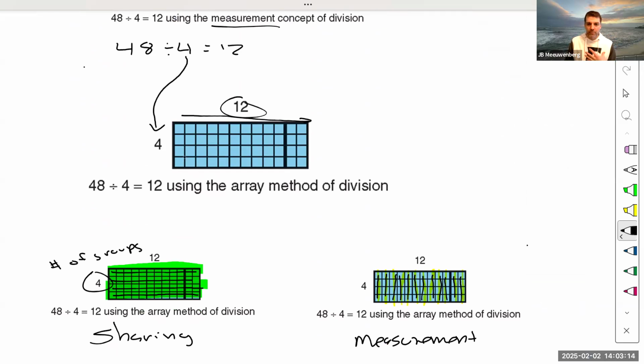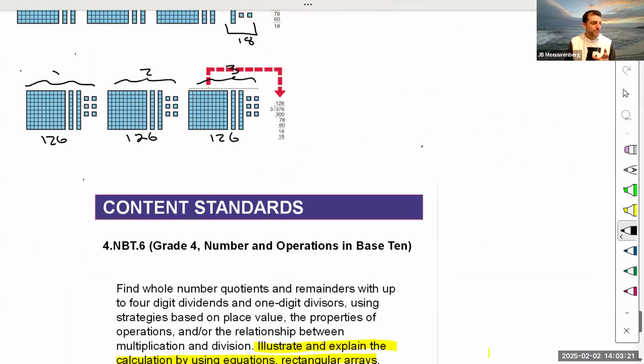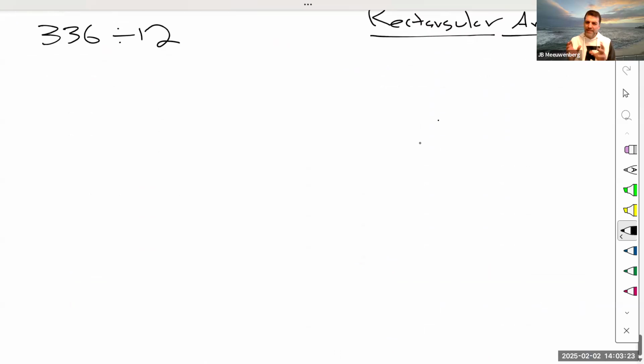Now we have much bigger numbers, 336 divided by 12. See if you can play around with your own base 10 blocks and make a rectangular array that could help you solve this problem. And then see if you can link it to long division as well. So I'm going to let you pause and work on that.